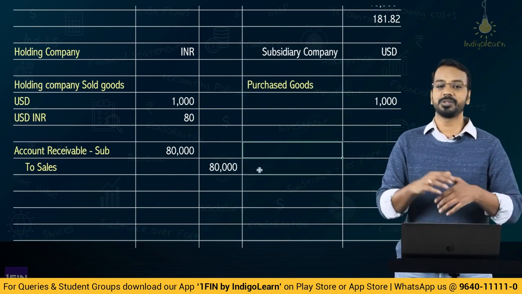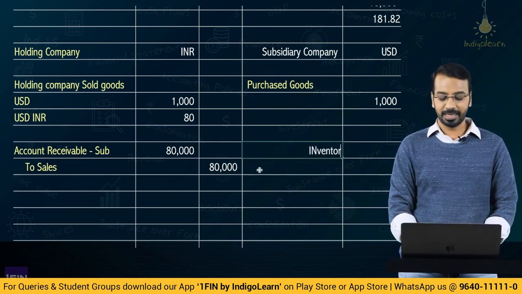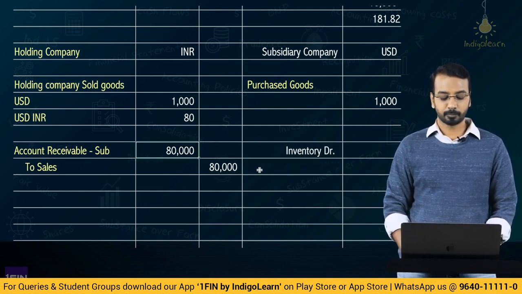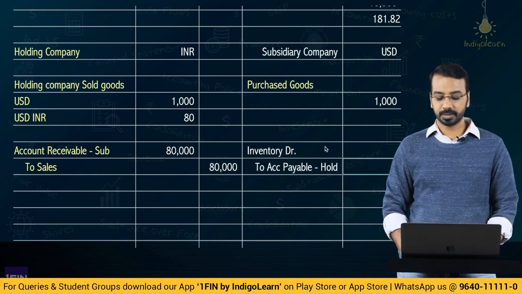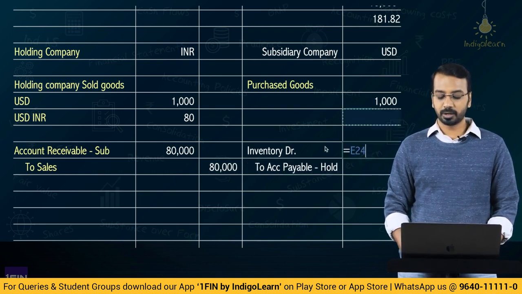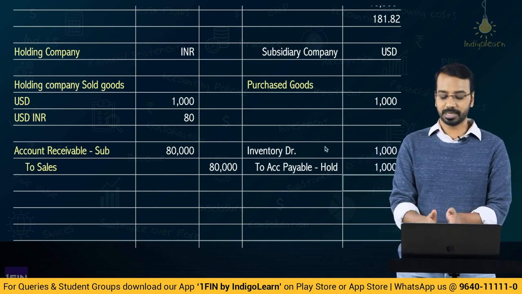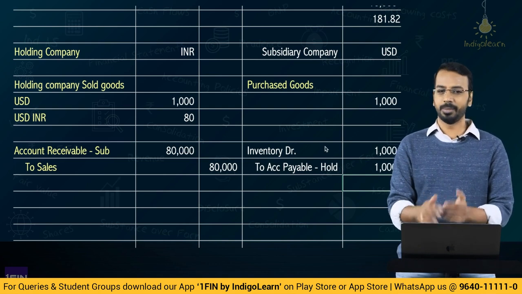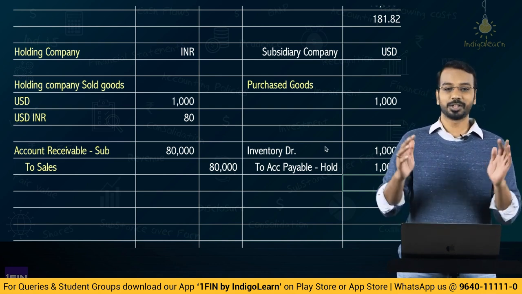Now, when it comes to subsidiary company, what is the accounting entry they will pass? They will say inventory debit to account payable to holding company. Right? How much? $1,000 and $1,000. I am writing one below the other because of space constraint. So, one is debit and one is credit. Now, let us say this inventory is not yet sold.